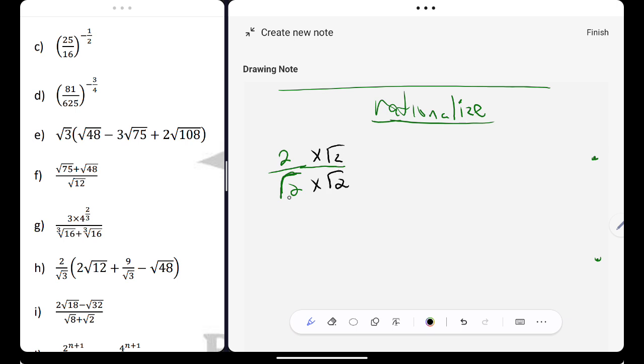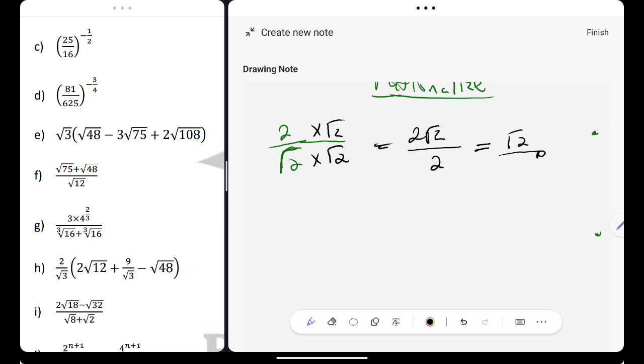I want to remove this from the denominator, so I'll multiply the top and bottom by it. So my answer will be 2 multiplied by root 2. Root 2 times root 2, I'll get a 2, and then my final answer will be just the square root of 2. Are we together?